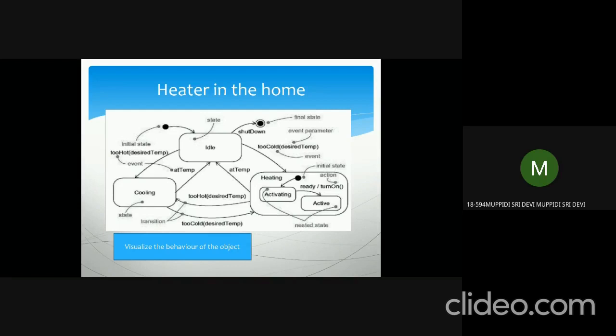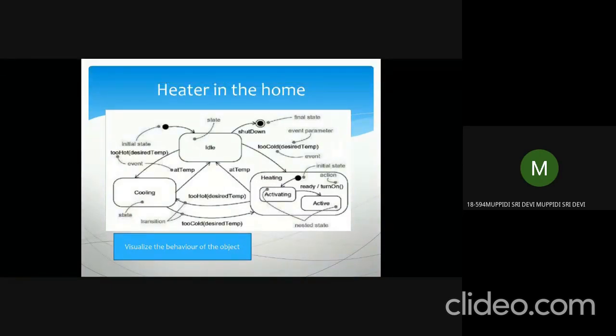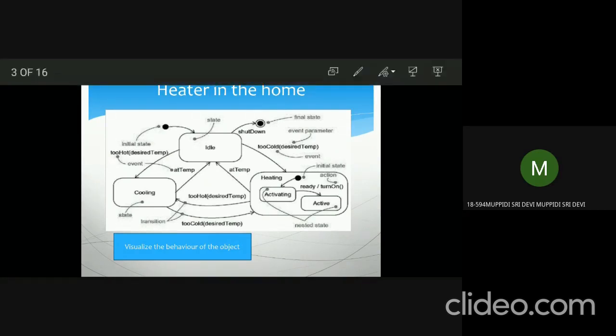So this is an example. In this example, what do you learn? What is a state machine? In the state machine, we discuss the lifetime of an individual object. The contents of this state machine are: state, transition, events, activities, advanced states, substates, internal transitions, initial state and final state.